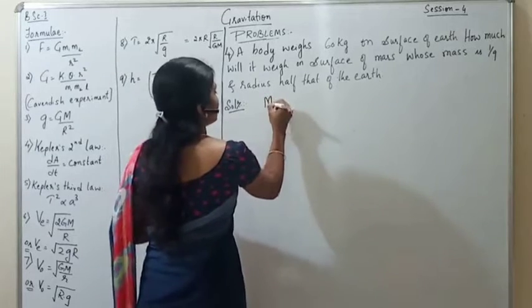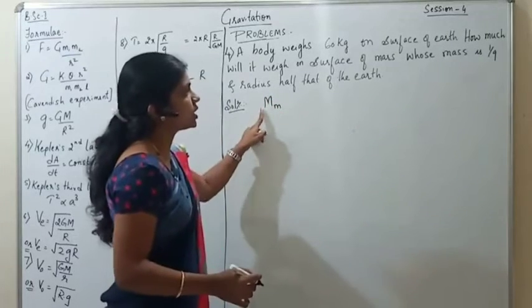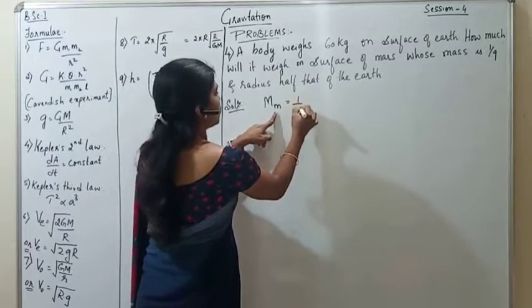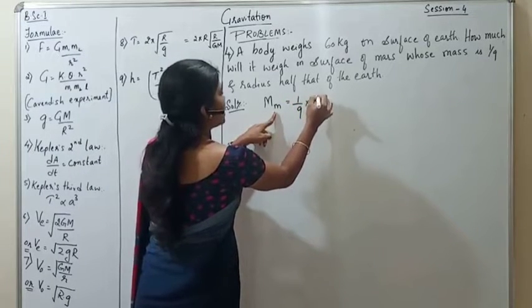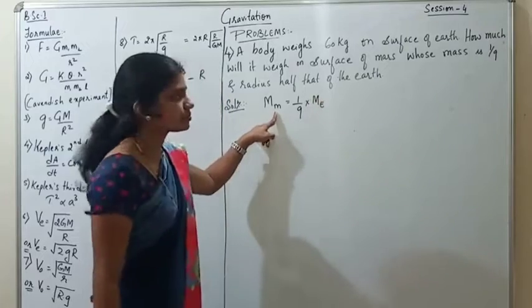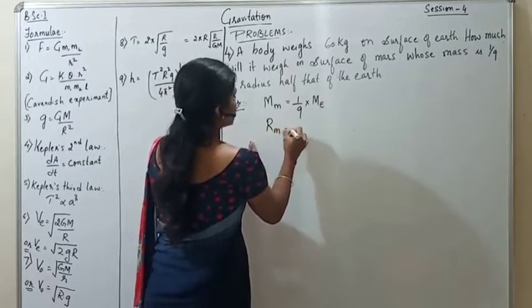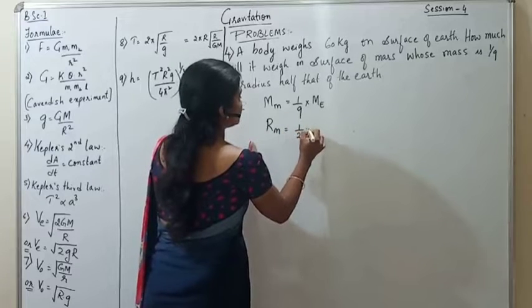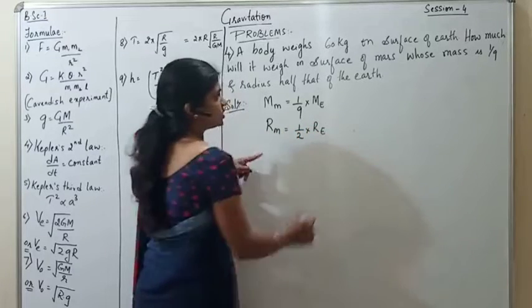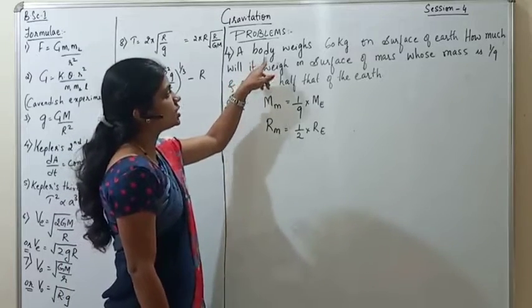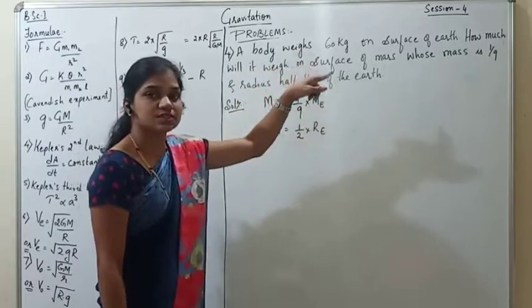Mass of Mars is equal to 1/9 times the mass of the earth, okay? And the radius of Mars is equal to half that of the radius of earth, right? And they have given that a body is weighing 60 kg on the surface of the earth.